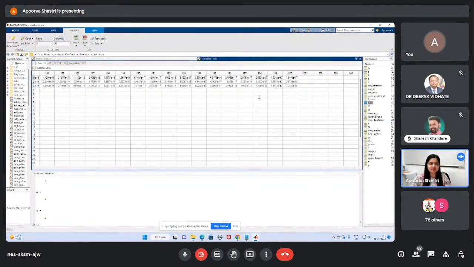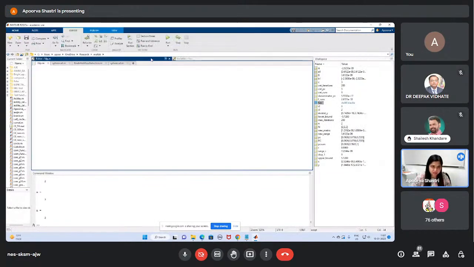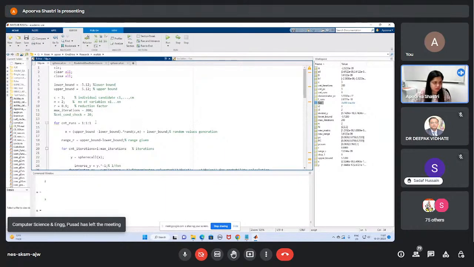Now the thing is, this is for one run. If you want, you can save this workspace, simply save it and again do the calculations, or what you can do is run this program for 2 times.